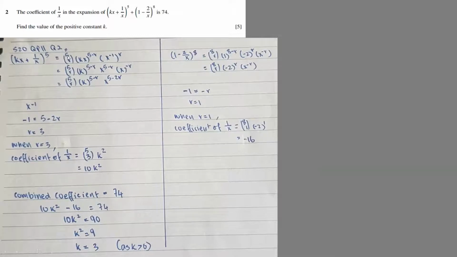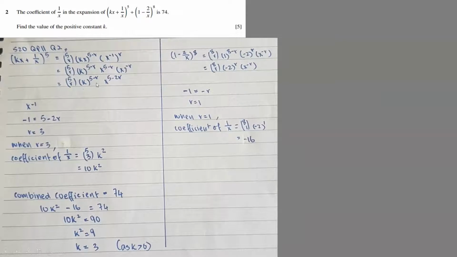So first things first, it's 5 choose r multiplied by (kx) raised to the power 5 minus r, or in this case, if 5 was n, it would be n minus r, and x raised to the power -1 raised to the power of r. You could put 1 over x, but I like to put it in terms of indices, so I can simplify the indices next.